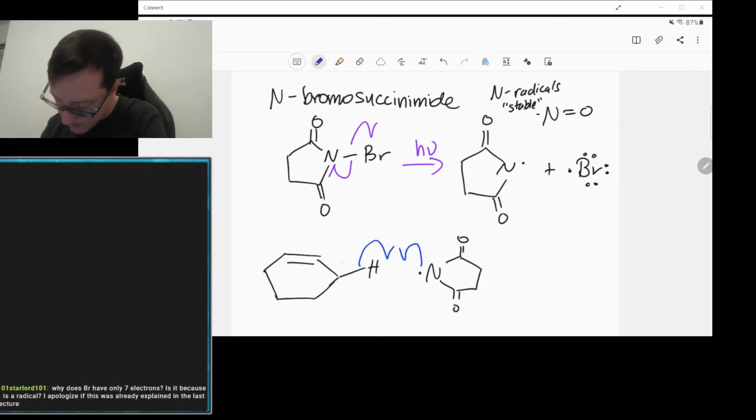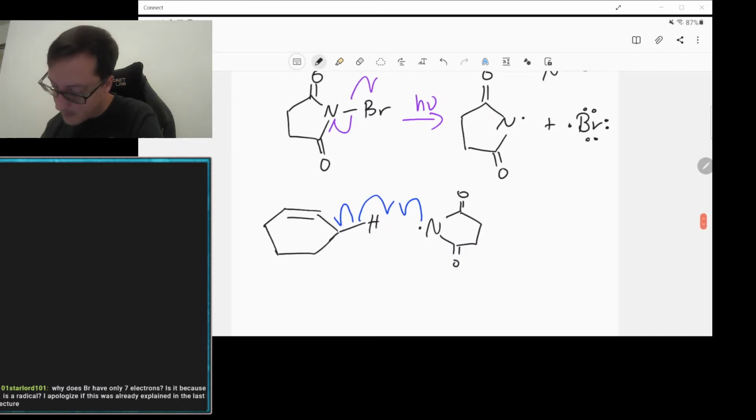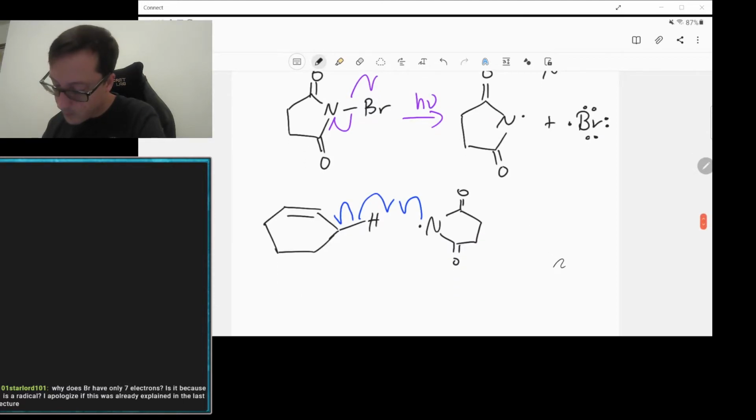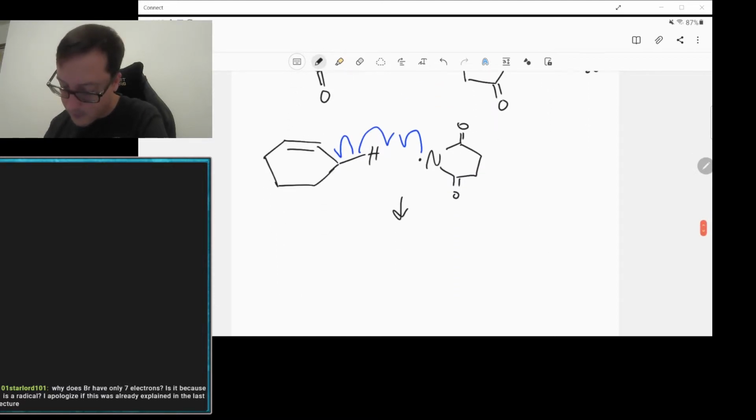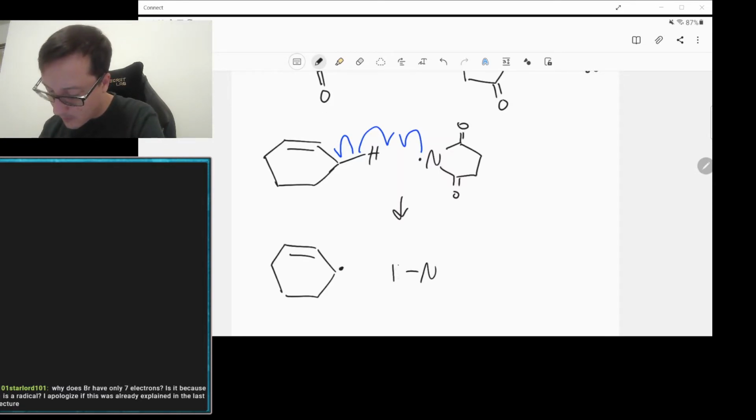So we're going to end up doing a hydrogen abstraction onto the succinimide radical. And I have no space, so I'm just going to do this down here. So we'll have our radical here, and then we'll have succinimide.